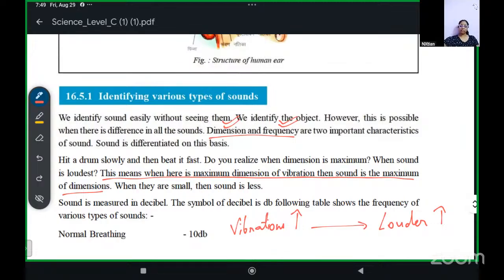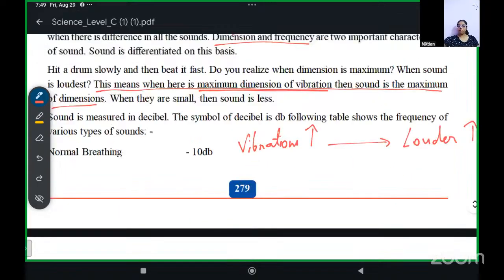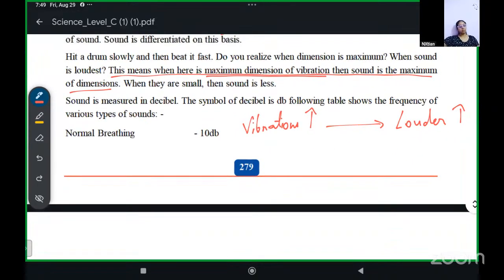Okay. Now, yes. So I was explaining that when the dimension of vibration is maximum, then the sound will be maximum. When the vibrations are less, of a smaller dimension, the sound will also be soft.